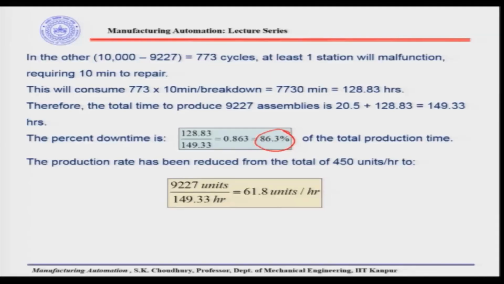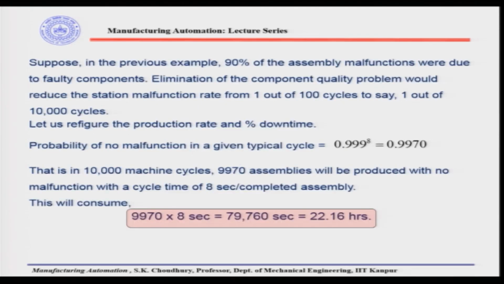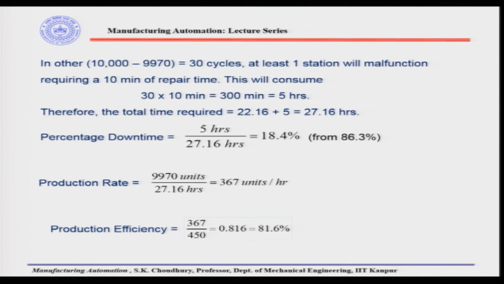Therefore, if we can improve the product quality, as in that example, suppose instead of 1 out of 100, we have 1 out of 10,000 cycles malfunctioning, then it improves drastically, and the percentage downtime reduces to 18.4% from 86.3%. I am just reminding you, and therefore, the production efficiency goes up to 81.6%.